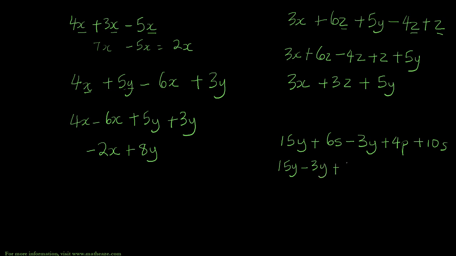Then plus 6s, we also have 10s, and then we have 4p. So 15y minus 3y gives us 12y. 6s plus 10s gives us positive 16s, and then we have 4p. So that's how you deal with this. Just remember, the first thing you want to do is group common terms or collect like terms, and then solve the grouping of the like terms.